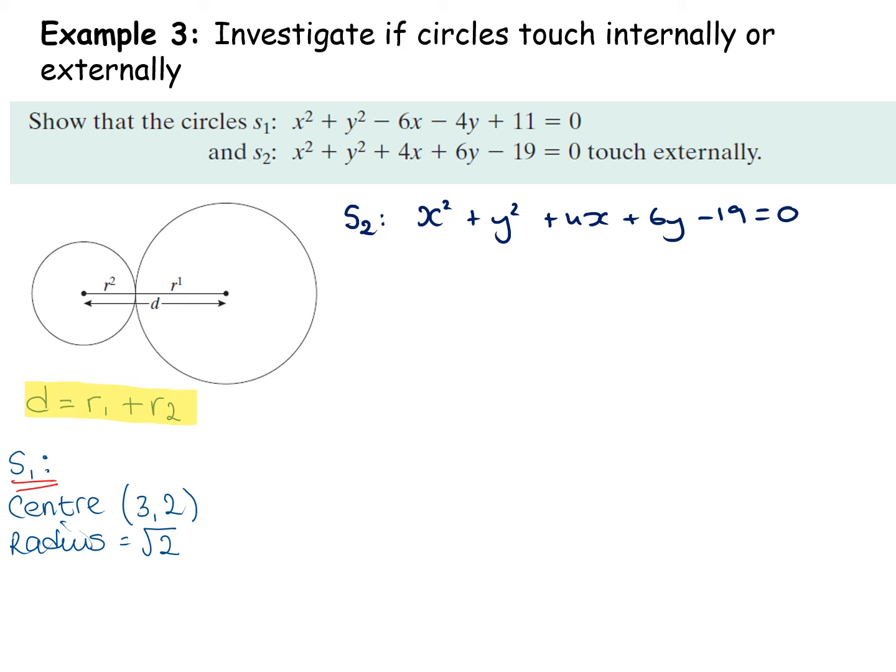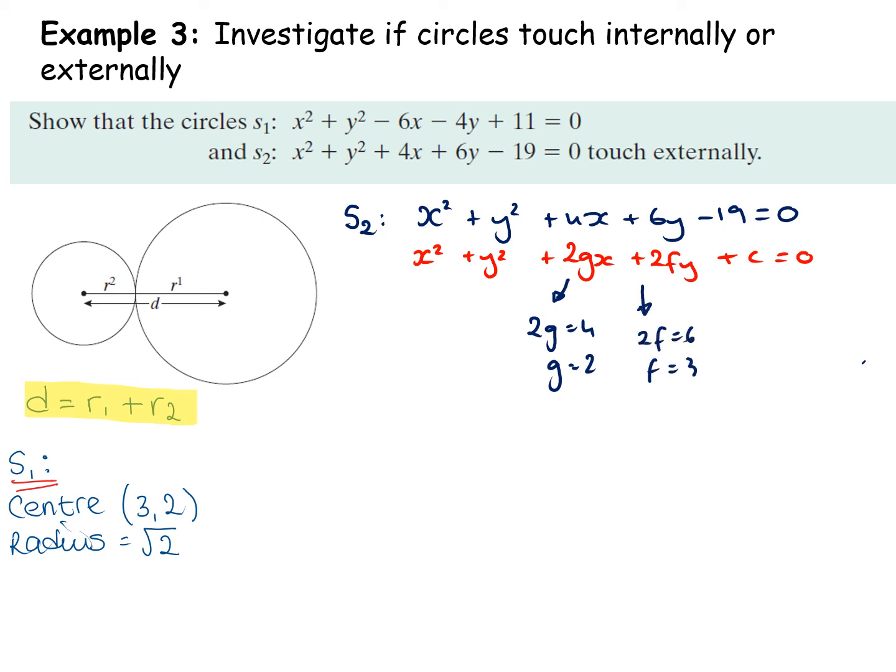And again, page 19, I have x squared plus y squared plus 2gx plus 2fy plus c equals 0. And we have 2g equals 4, so g equals 2. 2f equals 6, so f equals 3. And c equals -19.